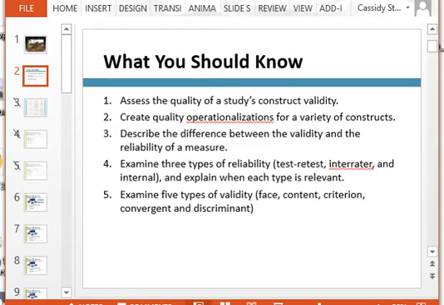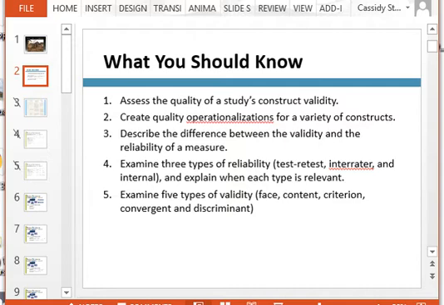Hello and welcome back. In this lecture we are going to talk about how to assess a study's construct validity. Remember that the construct of a study is the way that the researcher has decided to measure or manipulate some variable.